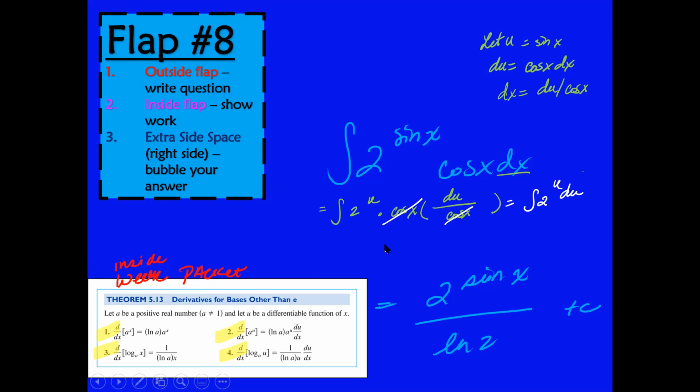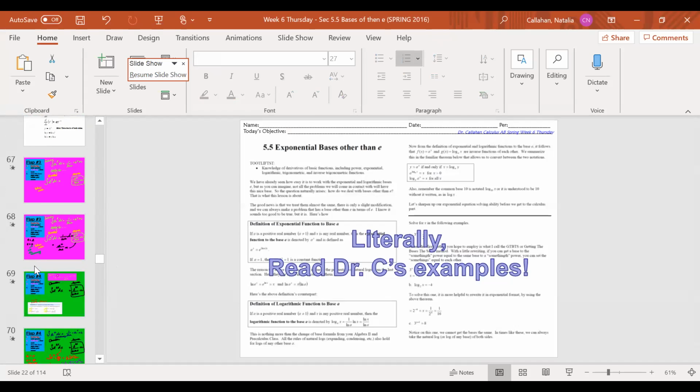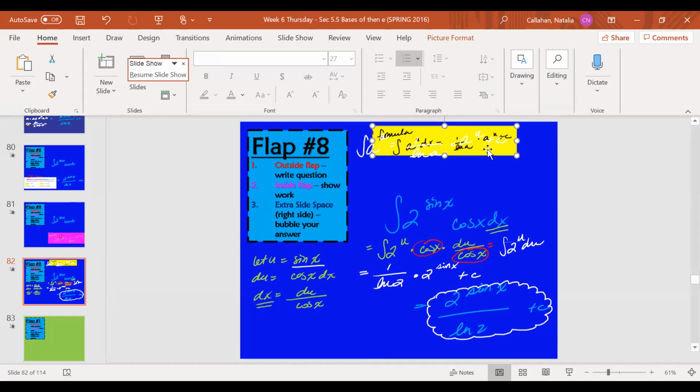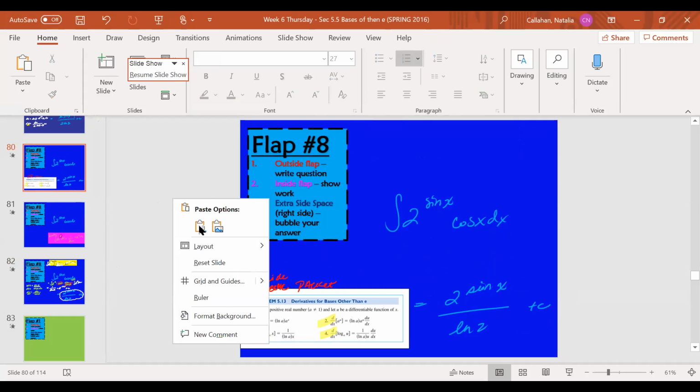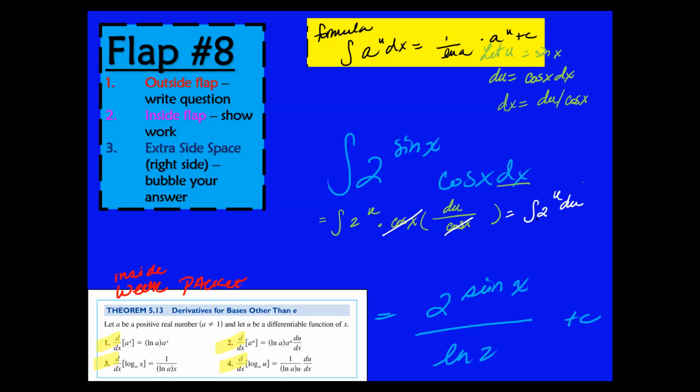Now you know that you have a formula here, which I'm going to carry over: the integral of a to the u du is equal to, now remember, a is going to be equal to 2, and u is just going to be u.